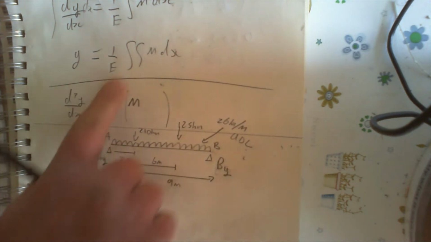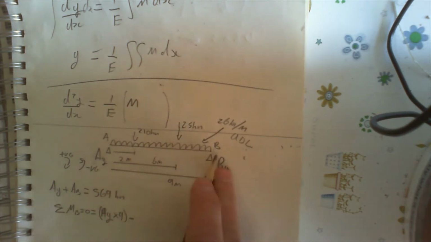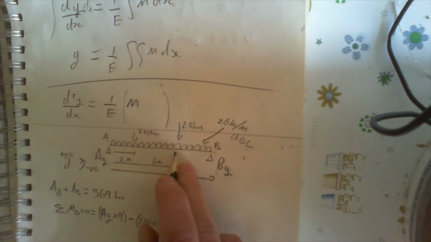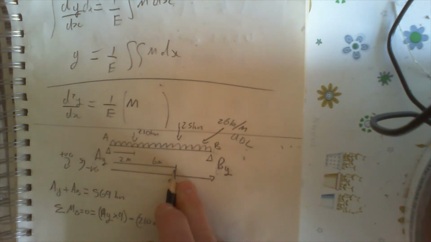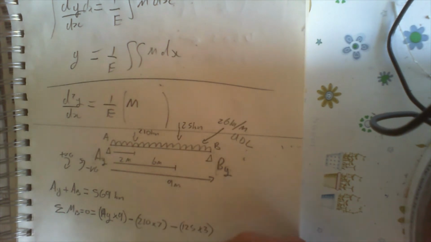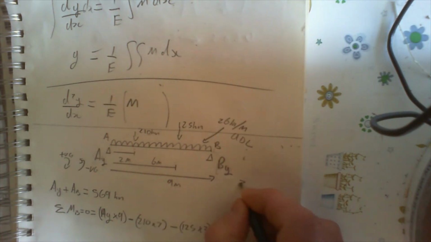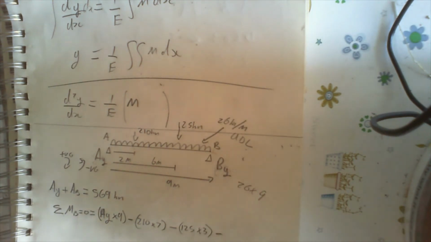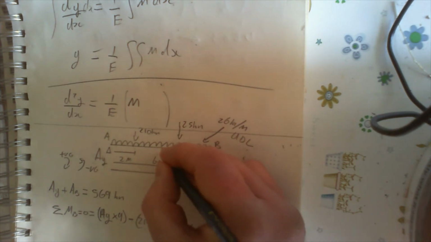So this force times 9 metres is pushing it round that way, minus the 210 at 7 metres, minus the 125 at 3 metres, and then we have the UDL, 26 times 9, which works out at 234.